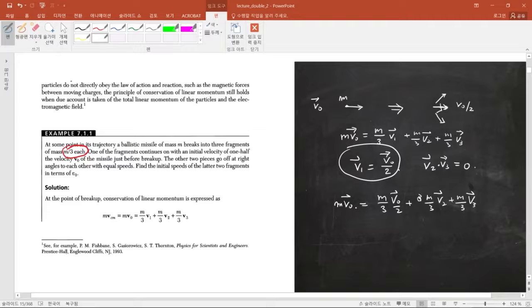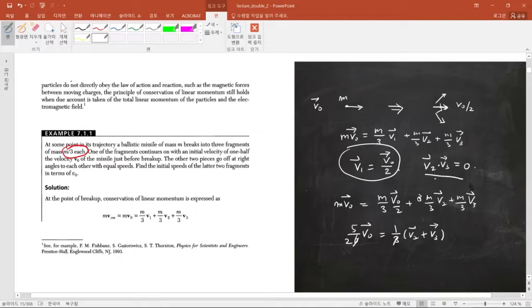And if you put this into here, you get 6 V0 is equal to 3 V2 plus V3. Okay, so here this one cancels with 2. Okay, so you have 2/5 V0 is equal to V2 plus V3.